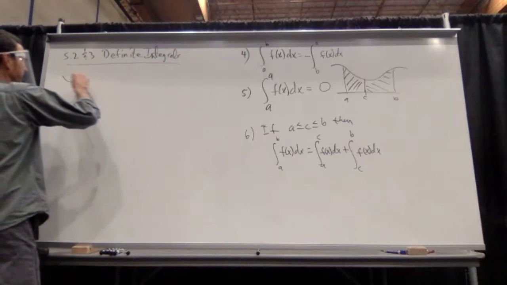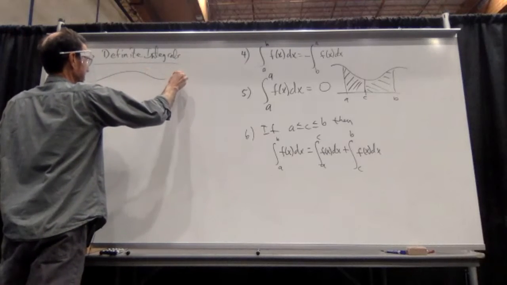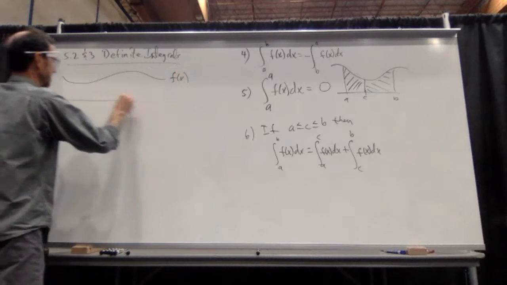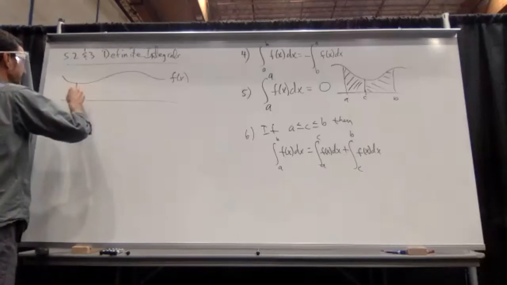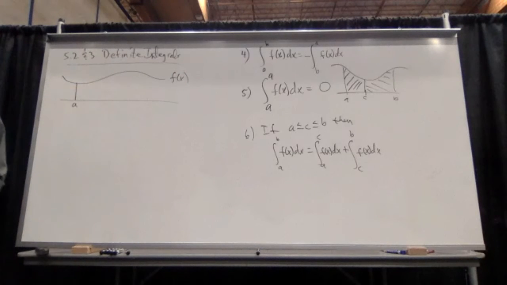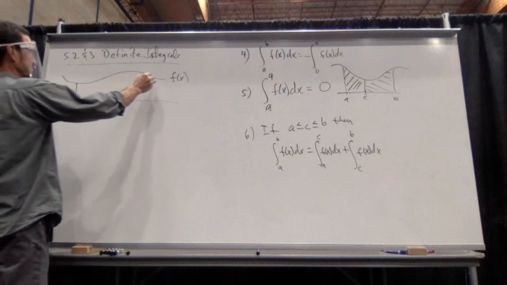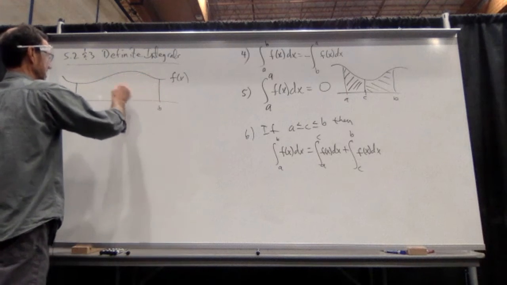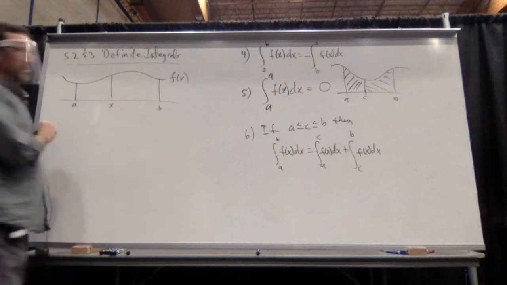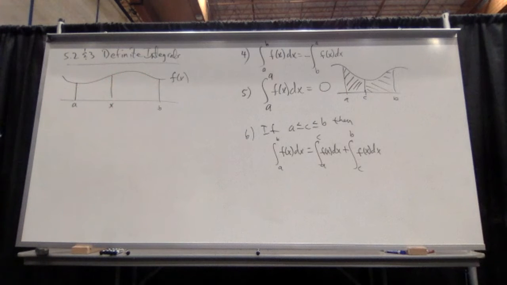So given some function of x, I'm going to start at some point, and eventually make it all the way up to b. I'm going to stop at some arbitrary value in between, call it x.